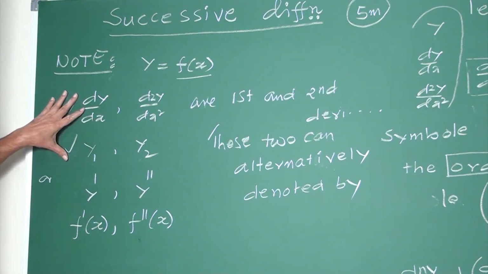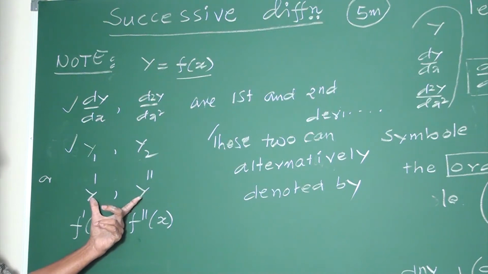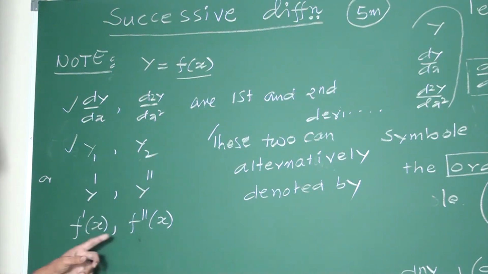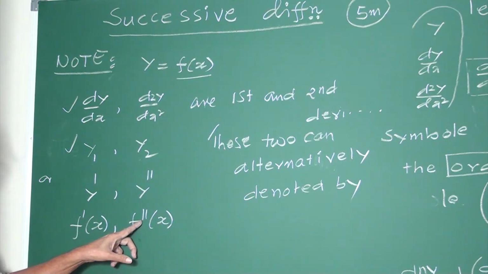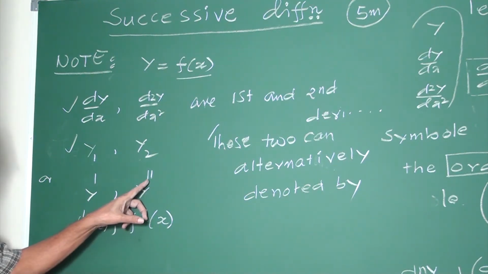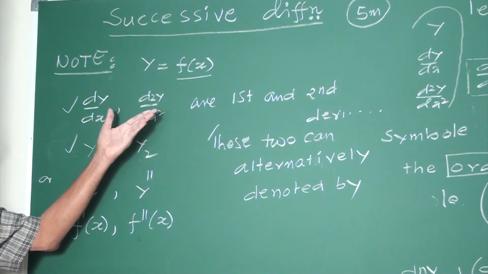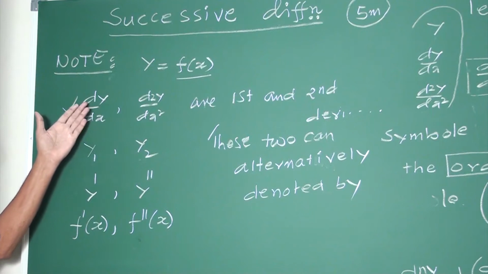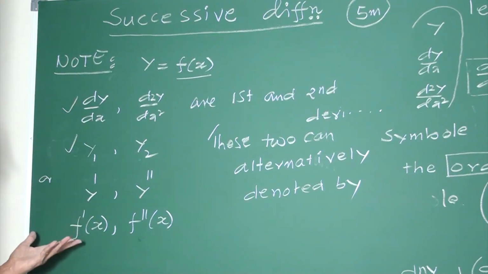These are also useful: y dash, y double dash, f dash, f double dash. One dash is always the first derivative, two dashes always the second derivative.